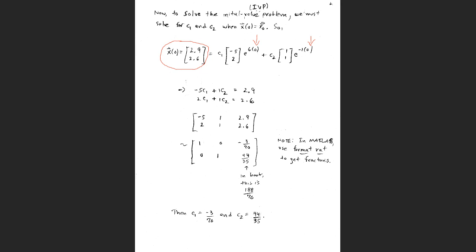And so you end up with this vector here equaling the right-hand side, where we again put in t equals 0. Now this is a vector equation, and we're going to solve that vector equation. I used MATLAB to help me.